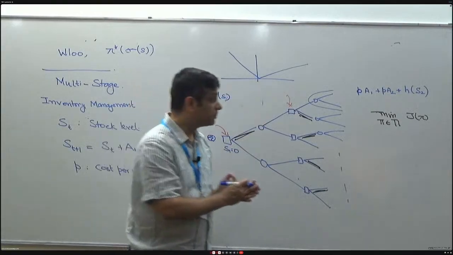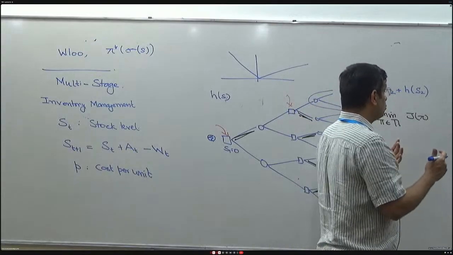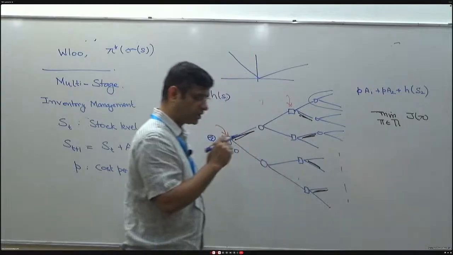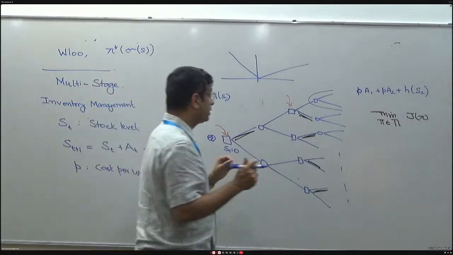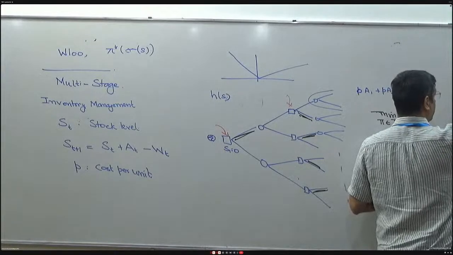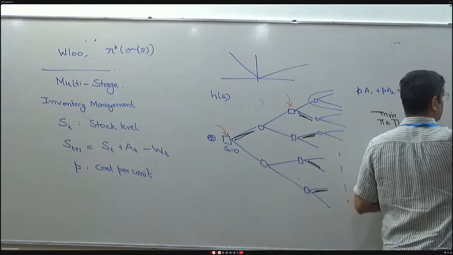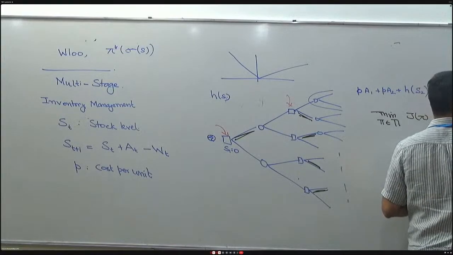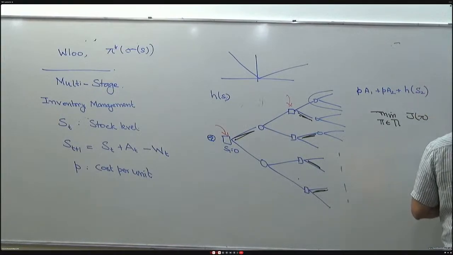I am going to use this notation, and we'll overload this notation later in the course, but I am going to say Ht is the history of what has happened so far.